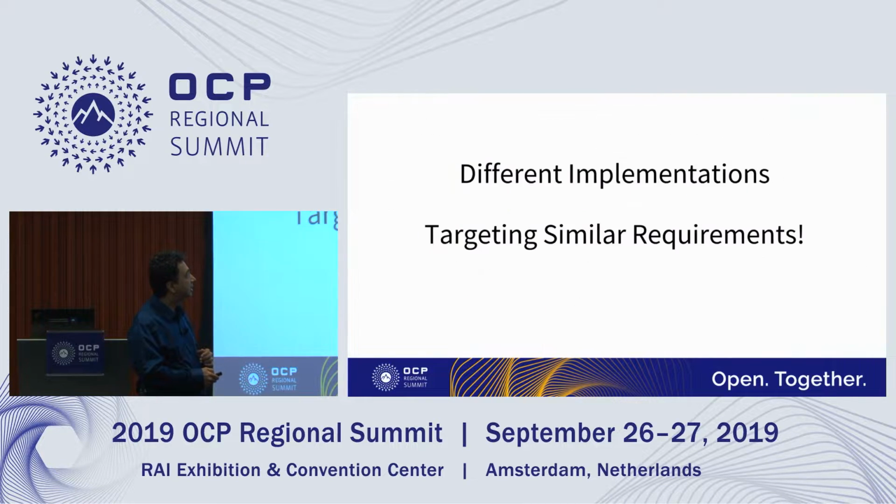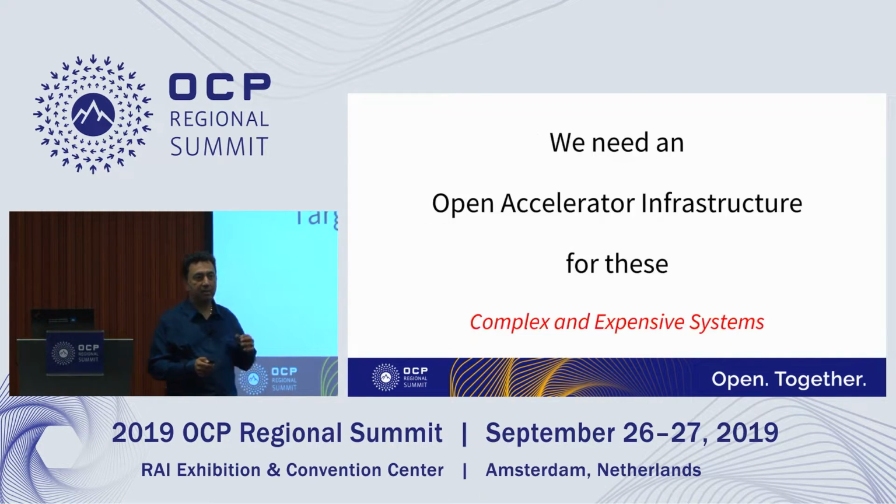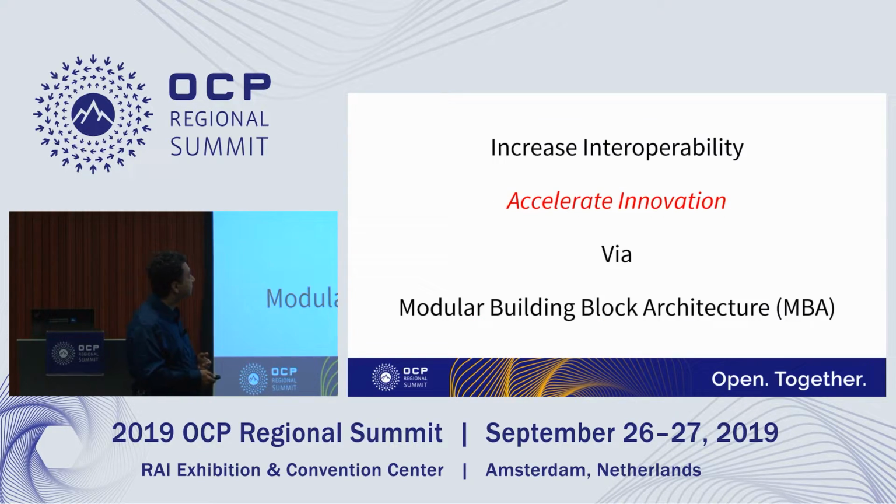We are tackling all of these different solutions, looking to solve similar problems. We thought that we definitely need an open source solution for all of these very complex problems, and expensive solutions perhaps could be shared by multiple companies, either in the form of supplying or in the form of using them.